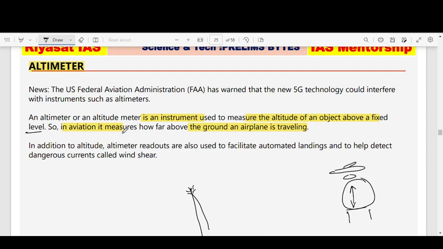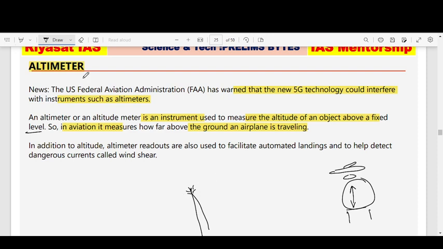Okay, 5G technology could interfere with the instrument. When 5G technology comes, it will give many networks, multiple networks, infinite networks, it will be spreading. But now the altimeter will get confused about which one to take. So it will be difficult for the pilots and the aviation industry to manage it.